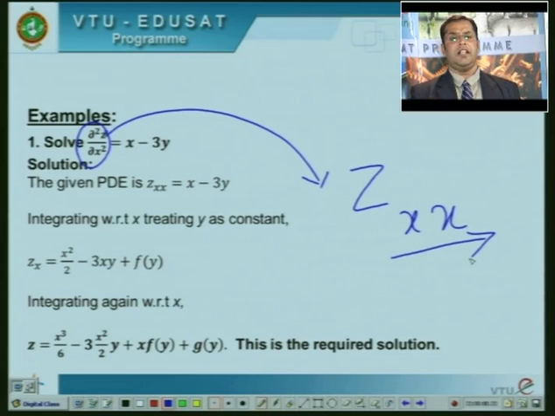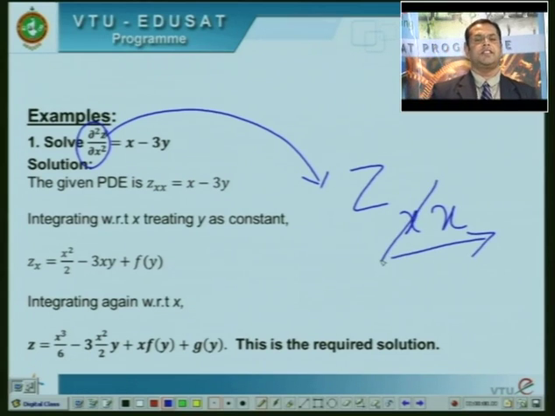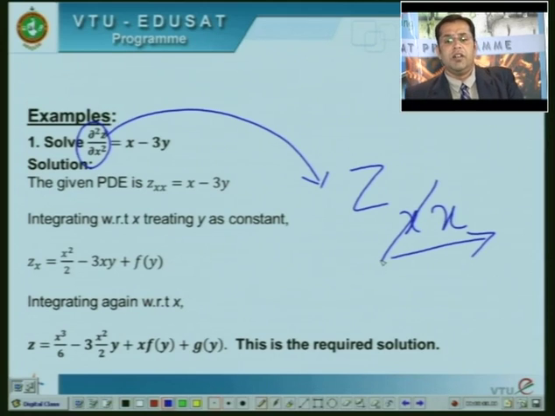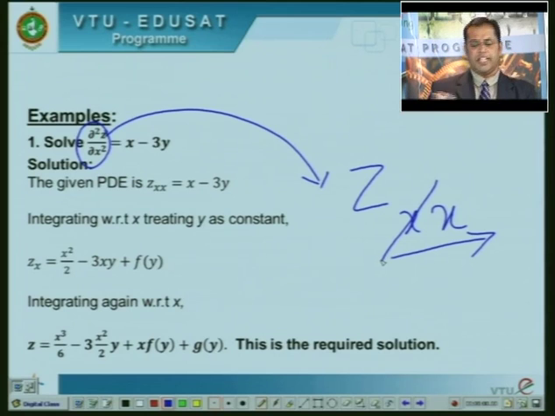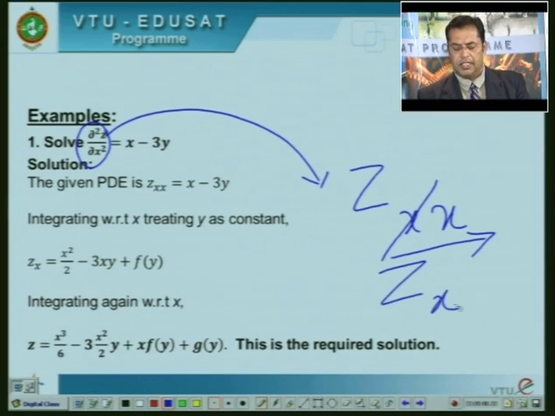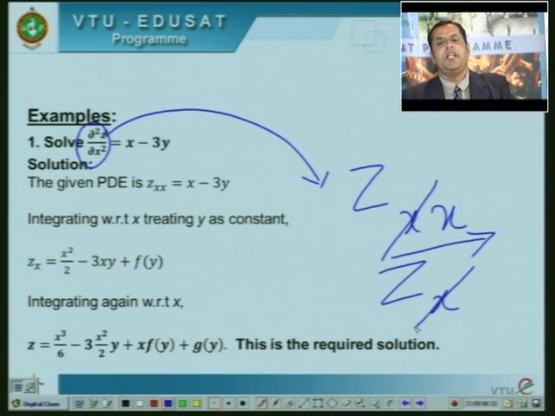First, integrate with respect to x, which will remove the first subscript x. During this integration, treat y as constant. Next, after the first integration, it leaves you zx, which is dou z by dou x. Then integrate again with respect to x, keeping y constant, to obtain z, which will be the required solution.